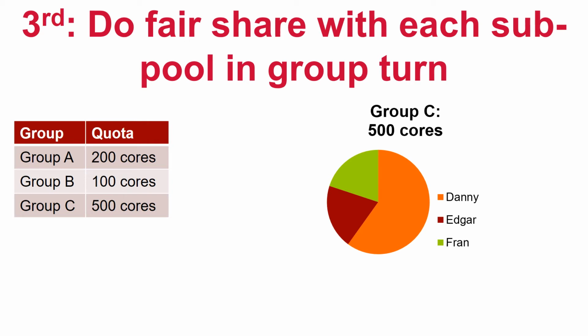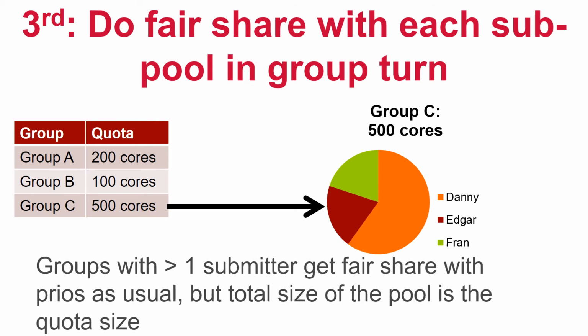Resources will be assigned not first come, first serve, but in a proportional fair share way, weighted by historical usage and priority factor, just as normal. This is key. Even within an accounting group with group quotas, individual submitters retain their identities. This is completely different than accounting groups as aliases.